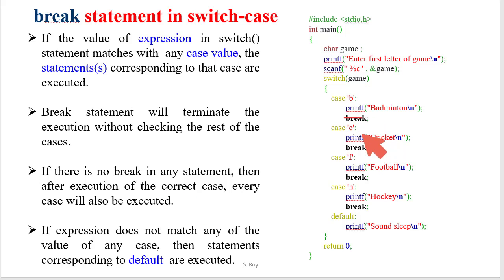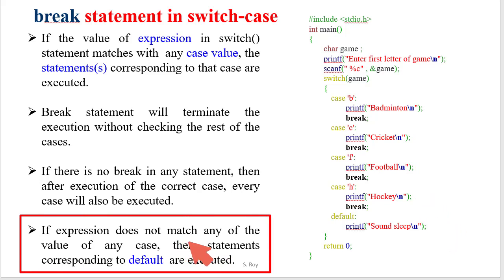Say these break statements are not there. If we put the value C to get cricket, then this will be executed. We will get cricket as output. The rest of the statements will be executed without any checking. So next we will get football, we will get hockey, and as well as we will get sound sleep.